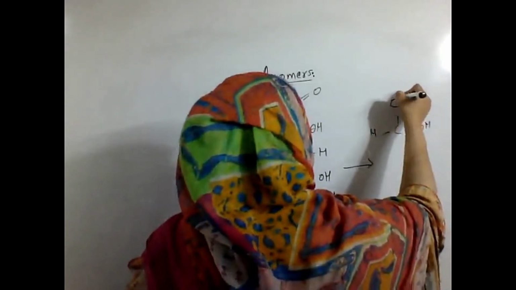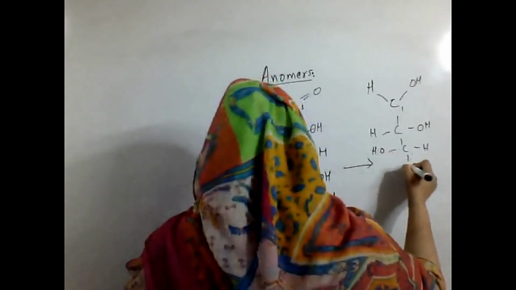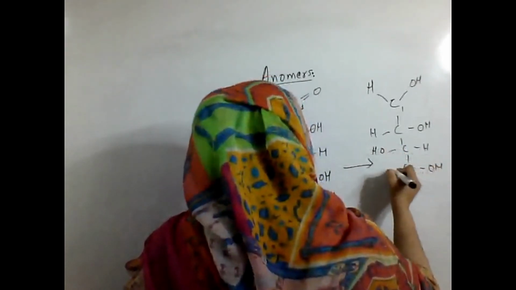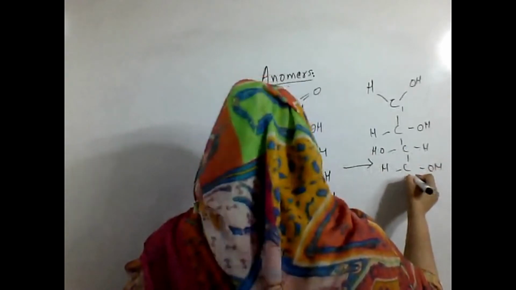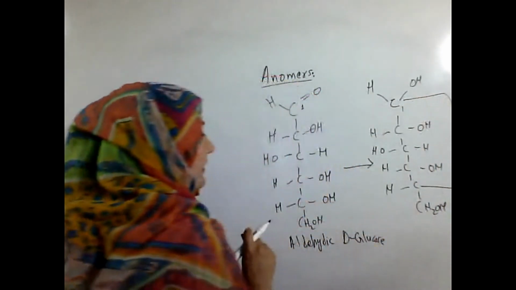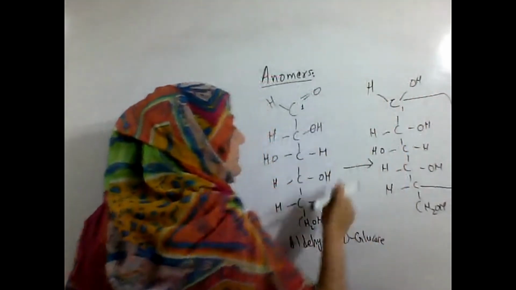This carbon makes a bond with this carbon for the formation of the cyclic structure.